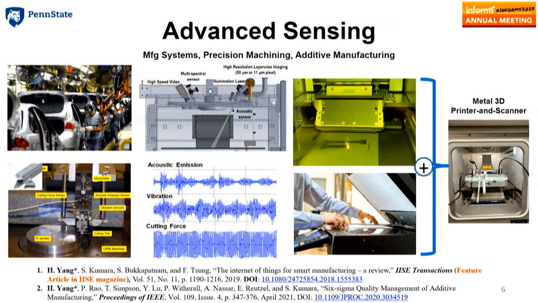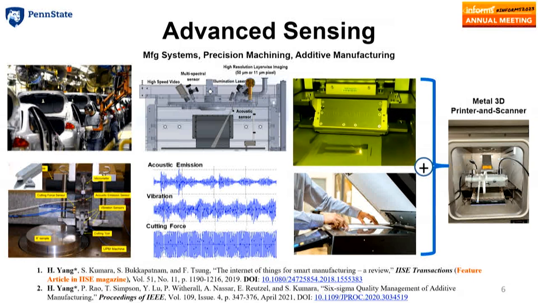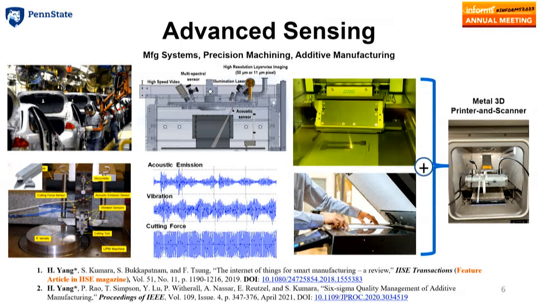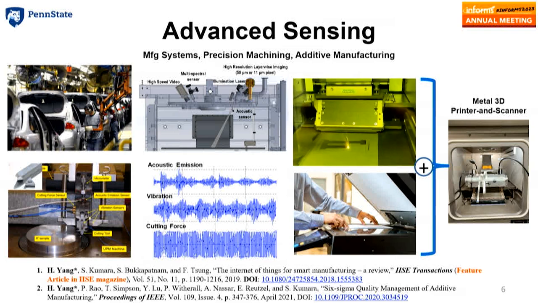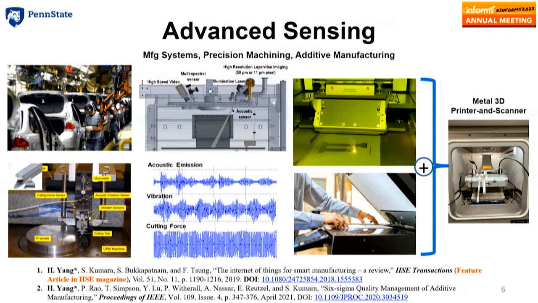This is the second example, from ultra precision machining. As we can see, this is what I did before with acoustic emission, vibration, and cutting force sensors. With all the sensors, we can control the process, especially the machined surface.